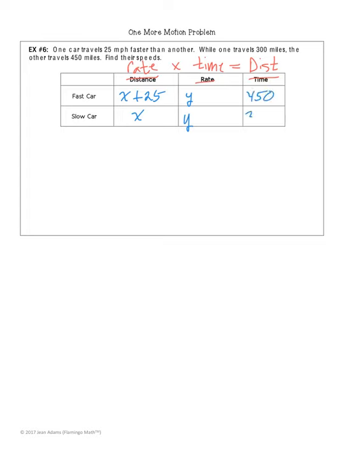And the slower car is traveling the 300 miles. Now, once again, we don't know rate, but we know that we don't know time, but we know that they're the same. So I'm going to take distance and divide it by rate and let that be my time. So this is going to equal 450 over x plus 25. And this is going to equal 300 over x. And so then we're just going to set those equal to each other.